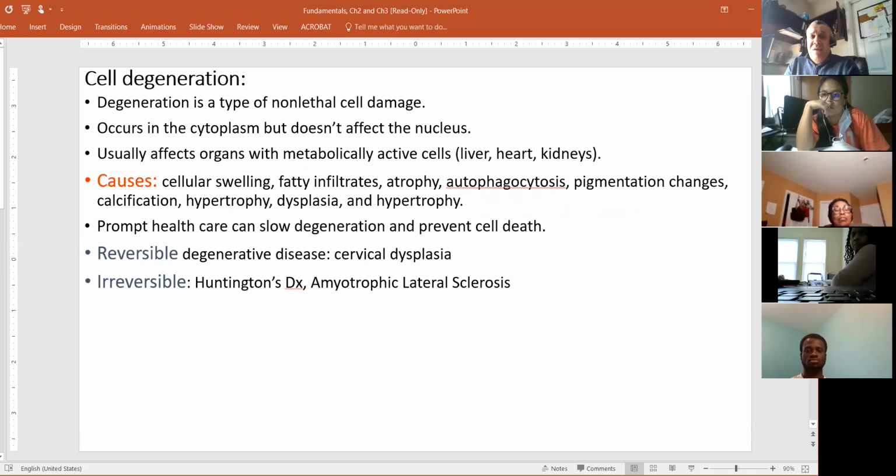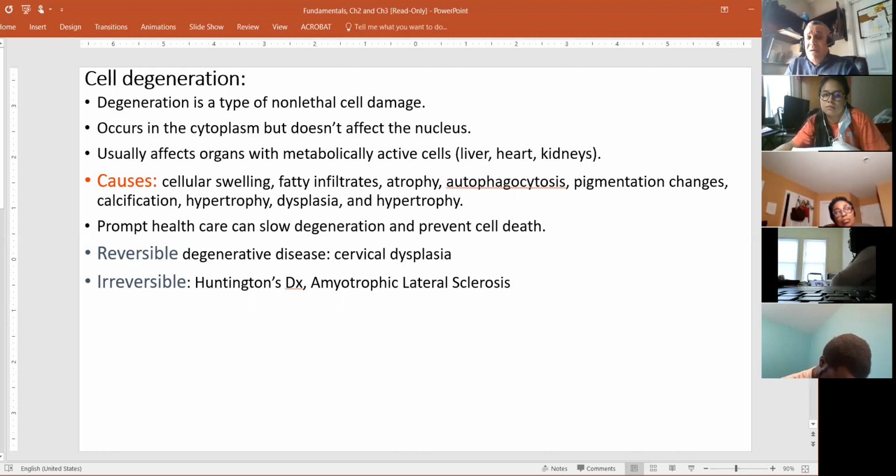Now, the cell degeneration, which is the death of the cell, could result from swelling of the cell, infiltration in the cell like fatty infiltration, atrophy, autophagocytosis, pigmentation changes, calcifications.